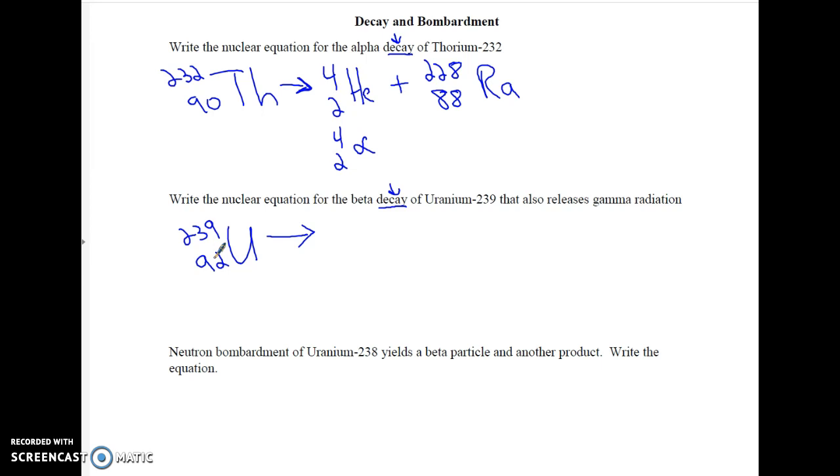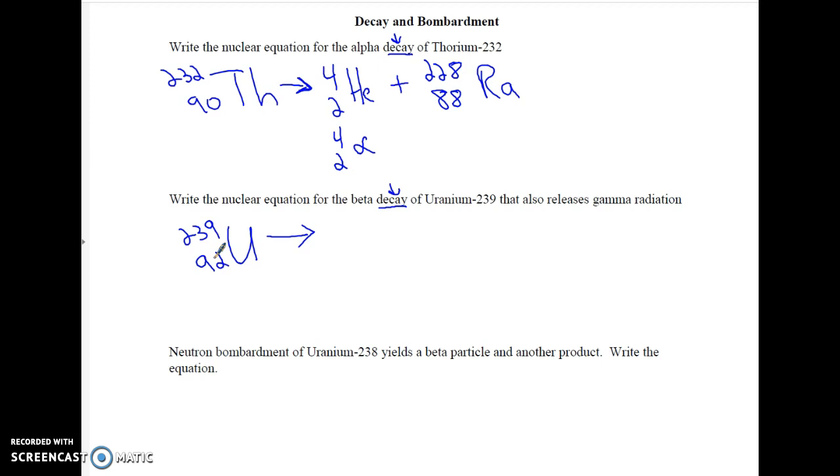If you think about what's going on there for the mass, a proton and a neutron have pretty much the same mass, and an electron has essentially no mass. So when the neutron changes to a proton and electron, the mass is conserved at that point. And the other thing is a neutron has a neutral charge, so when it changes into both a proton and an electron, the charge is still neutral. So mass and charge are conserved when that happens.